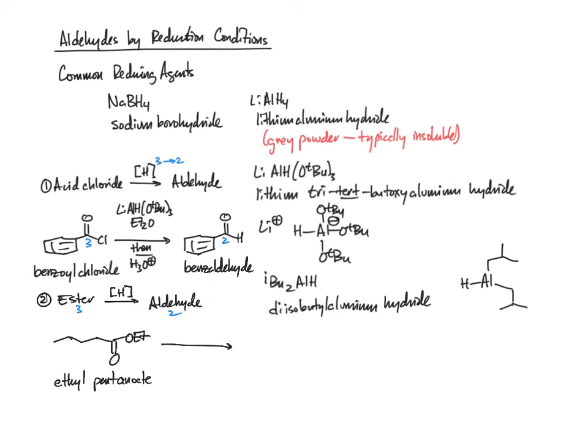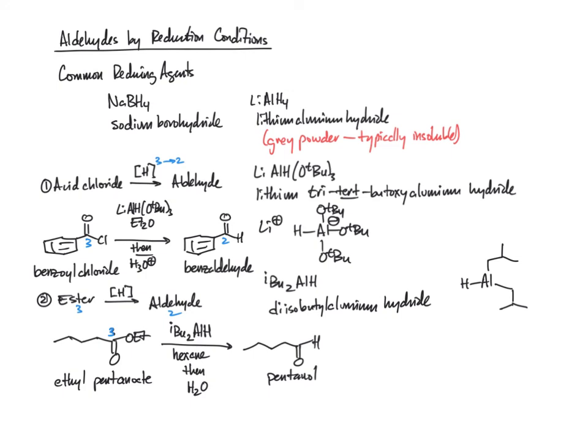We're going to treat with DIBAL, diisobutyl aluminum hydride. The solvent we're going to use is a nonpolar solvent called hexane. And then we do an aqueous water workup. If this is at oxidation state 3, it's going to be reduced to oxidation state 2, so it has to be an aldehyde. And here we're ending up with pentanal.